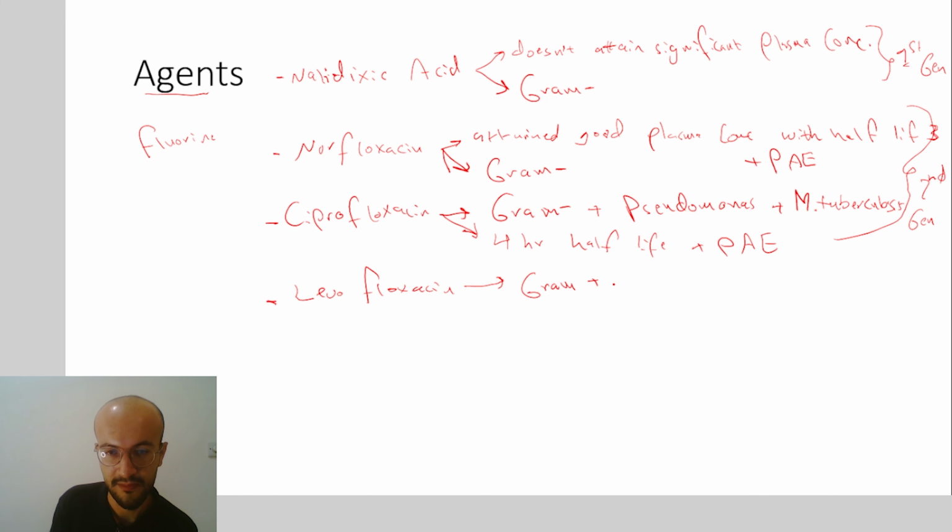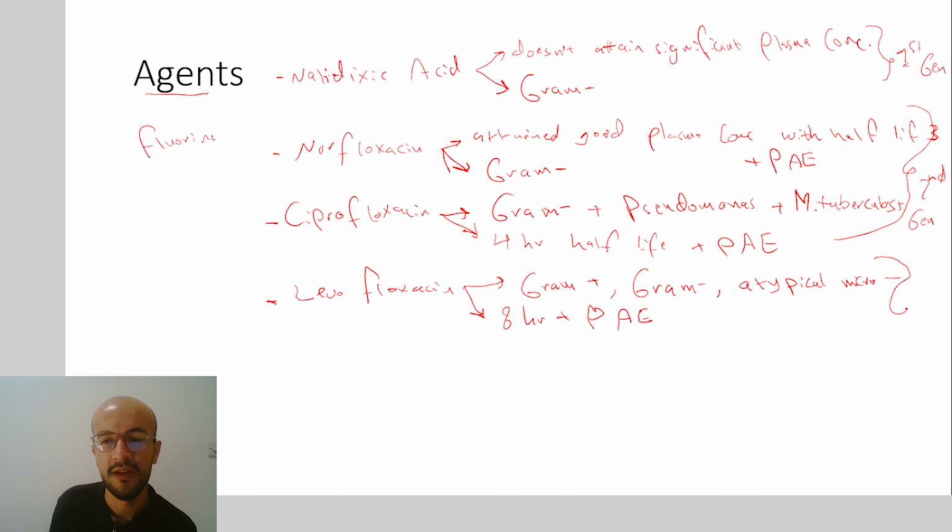So it has better gram positive coverage, and it also covered the gram negatives and the atypical microorganisms. The half-life of the levofloxacin was 8 hours plus the post-antibiotic effect, and it formed the third generation of the quinolones.